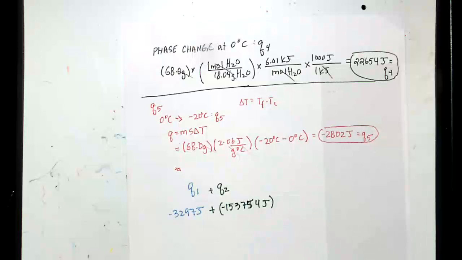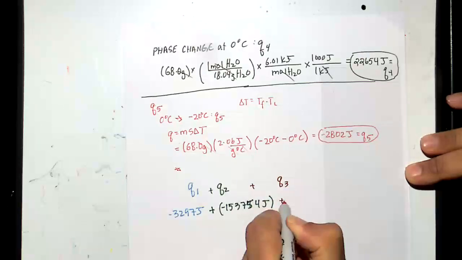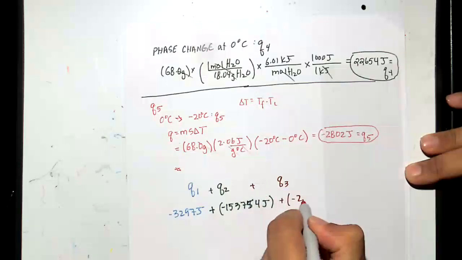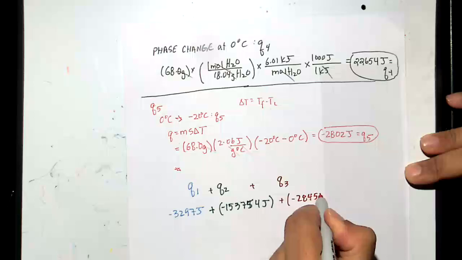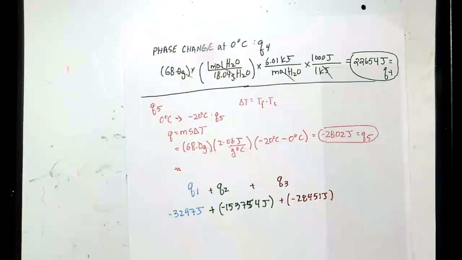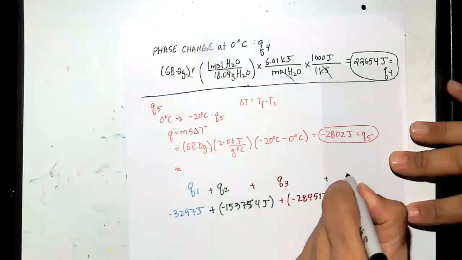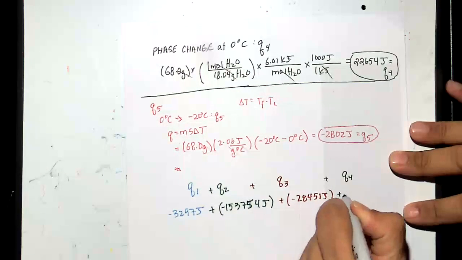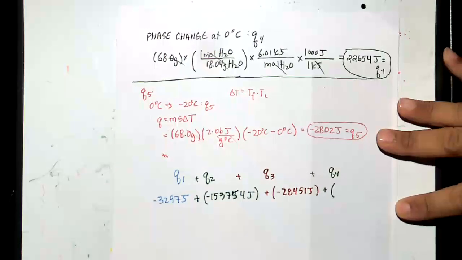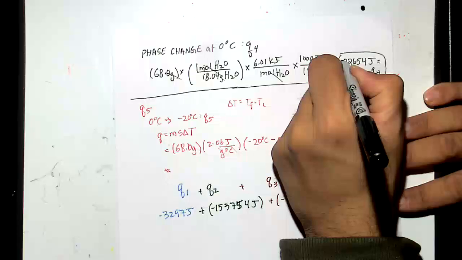And then plus Q3, which is going from 100 to 0 degrees. And this is plus a minus 28451 joules. Okay, plus a Q4. Okay, what's the sign of this?